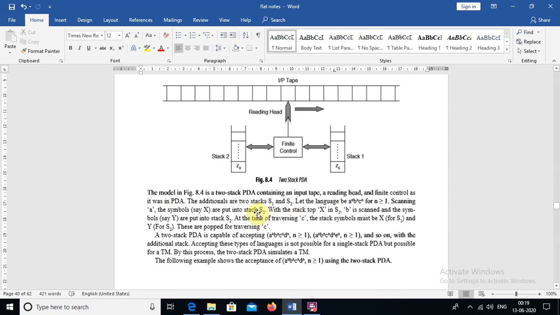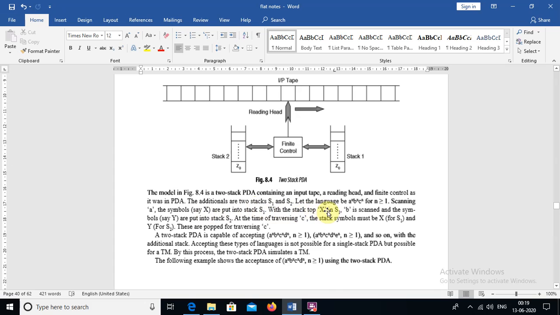That is the procedure of push-down automata: while reading an input tape symbol, if the stack variable matches, we can pop the stack variable and push some stack variable and input into the stack. Here we are performing the same. By scanning a, we push x into the stack S1.